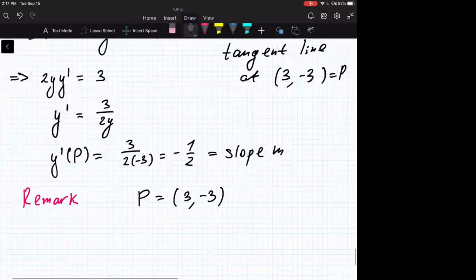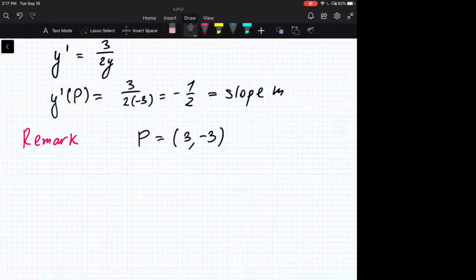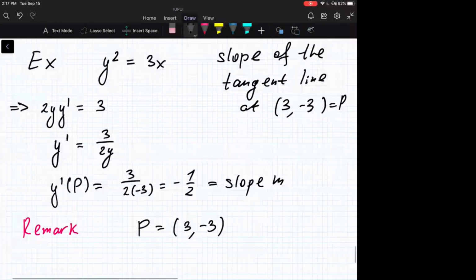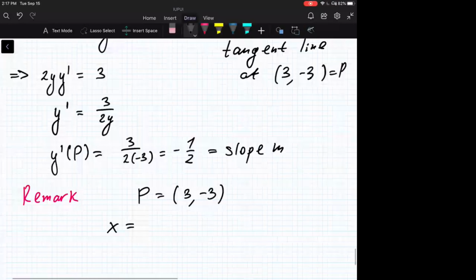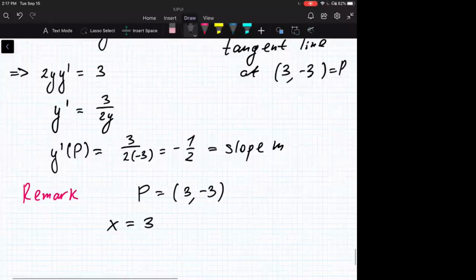But sometimes you can have only the x coordinate. So suppose you want to find the derivative of this function, but at a point where you know just that x is equal to 3, no y.